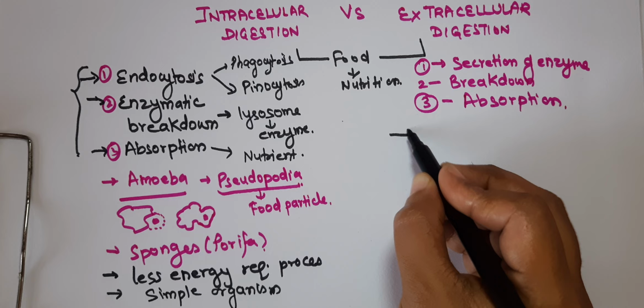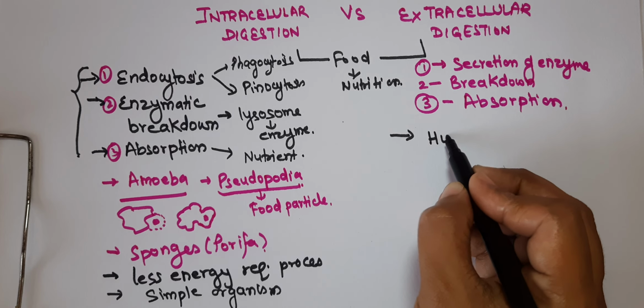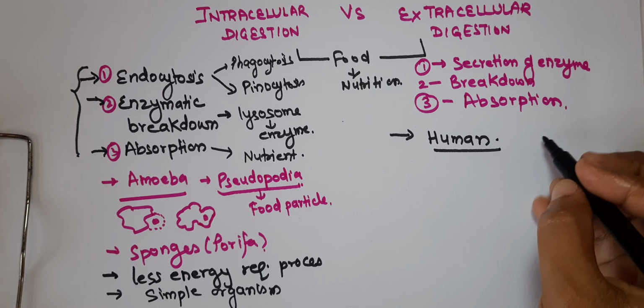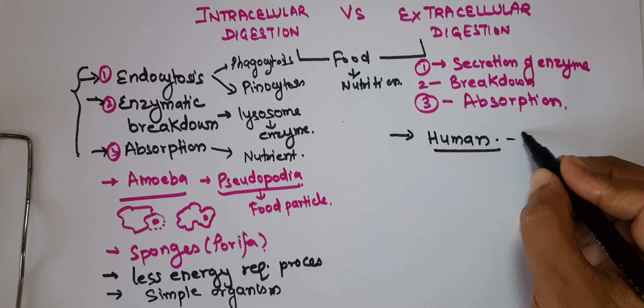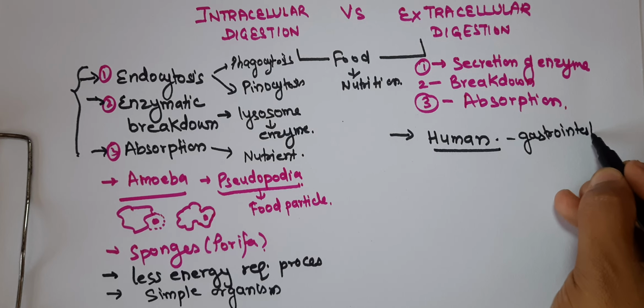Okay, so an example of a species displaying extracellular digestion includes humans. In our case, digestion occurs in the gastrointestinal tract.